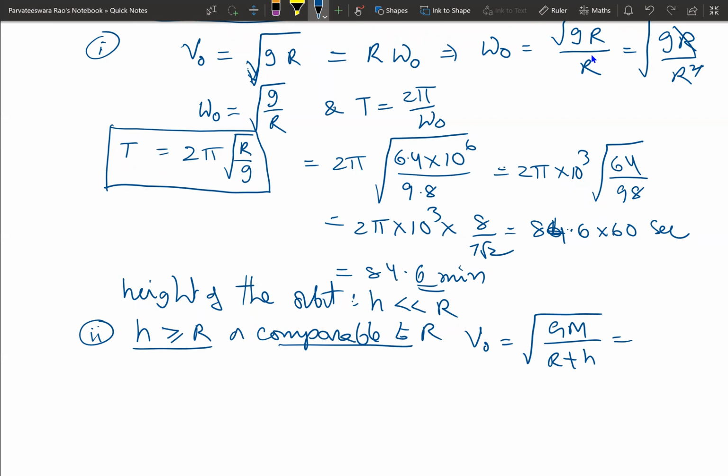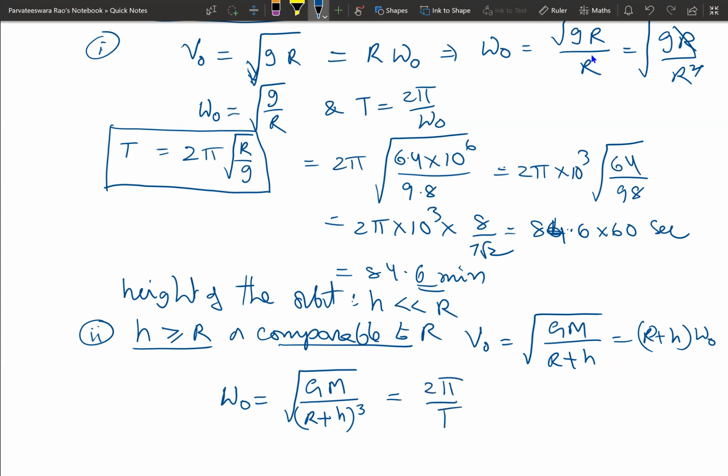In place of r omega, it is (R plus h) into omega naught. So using that, we will get omega naught is equal to root of GM by (R plus h) whole cube, because if it goes into the square root, it will be squared. This will, of course, equal 2 pi by capital T.